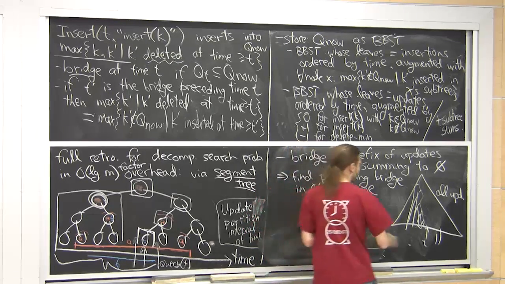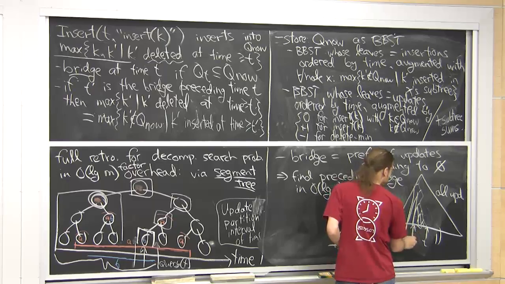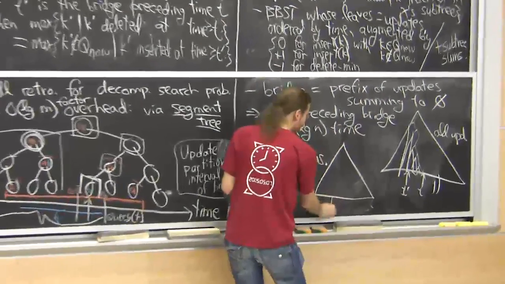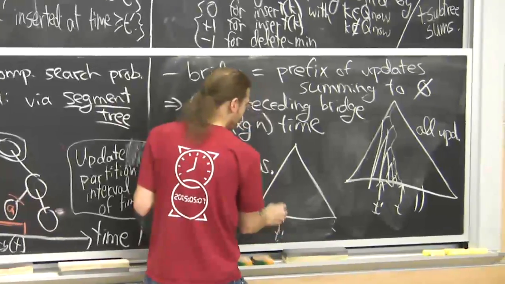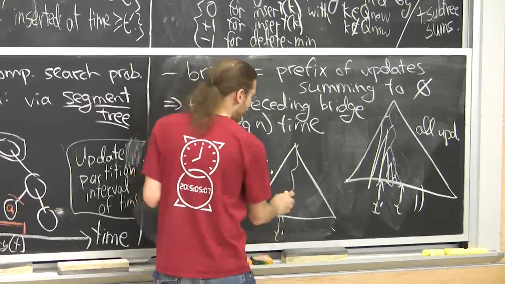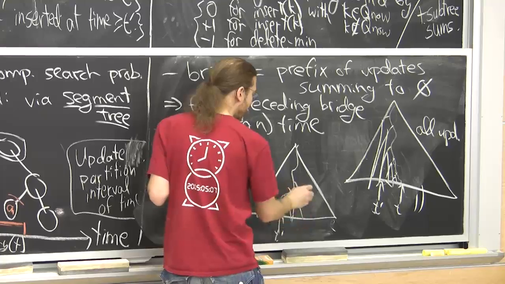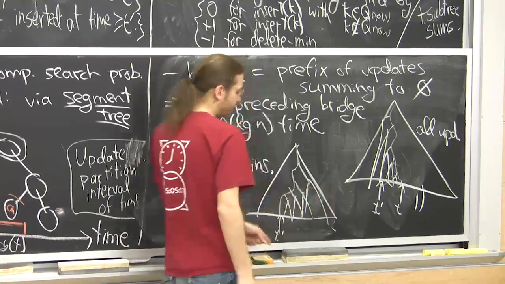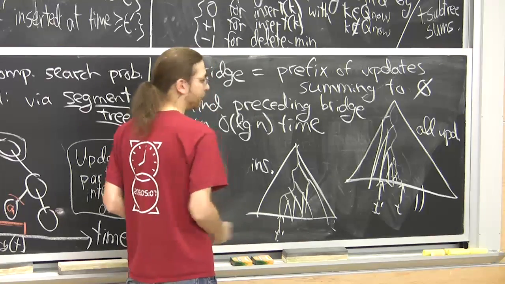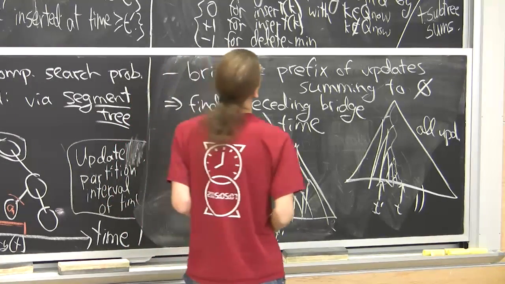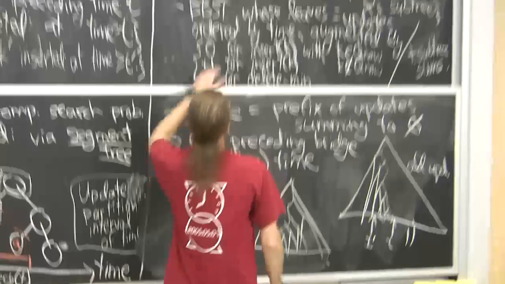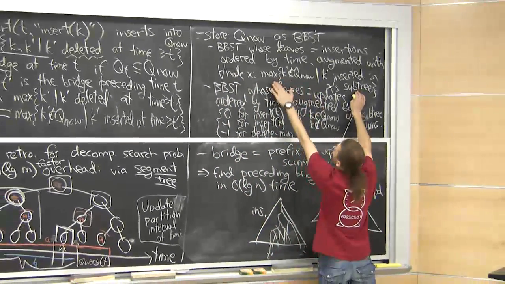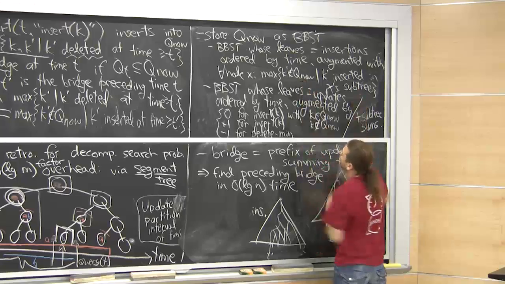If we cross-link time, we find t prime where the prefix sum is 0, and we map over to t prime here. Again, we get a root-to-leaf path, and now we look at all of the elements hanging off the right side. Those are all the elements that are inserted after time t prime. I just take the max of those. I need to store, for every subtree, the max of the things in that subtree, but ignoring the guys that are in Q now.